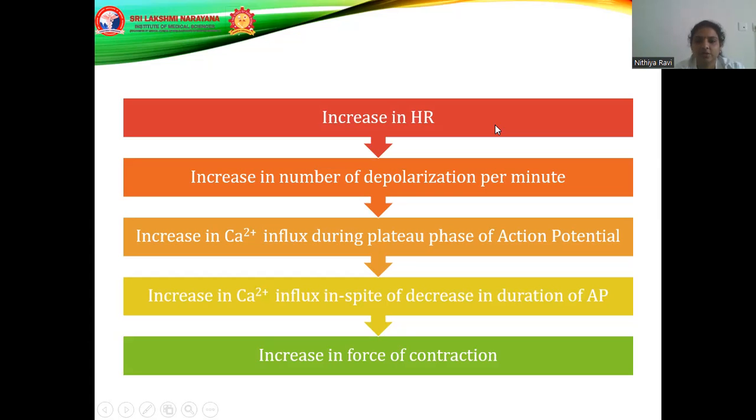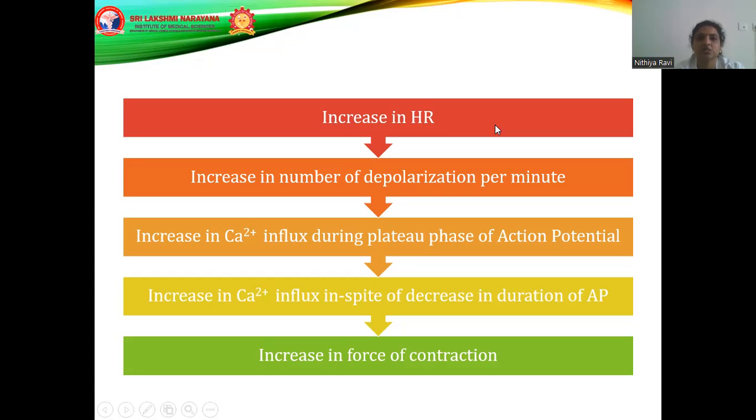So when these depolarizations are more in number, they will cause more calcium entry into the cell, during the plateau phase of the action potential, and because of this, there is a decrease in the duration of the action potential, and there will be an increase in the force of contraction. So even if the duration of the action potential is short, because of the presence of increased levels of calcium ions, the force of contraction increases.